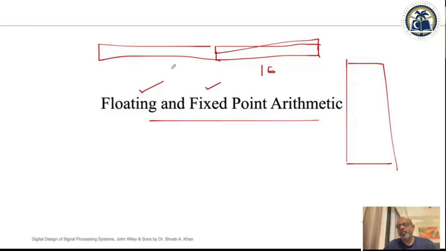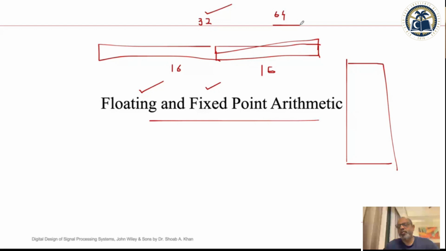Something which is 16-bit versus 32-bit in Python or MATLAB makes hardly any difference. Double precision floating point arithmetic is 64-bit, and single precision floating point is 32-bit. 64-bit means a lot, humongous.